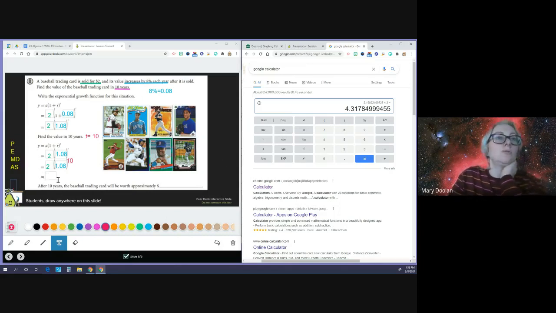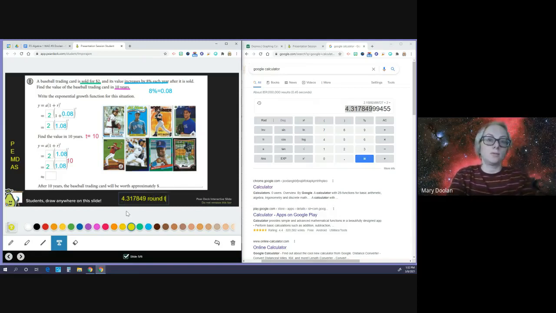If we round this and we're talking about money, we want to round it to the nearest hundredth. So how do we round a number like this to the nearest hundredth? Copy. I'll show you. Round to the nearest cent, or to the hundredths place.